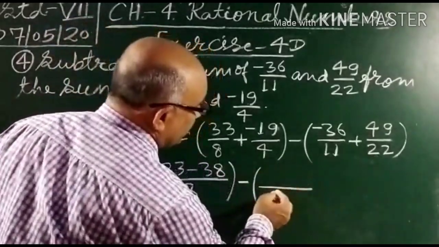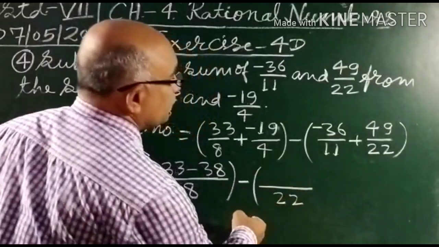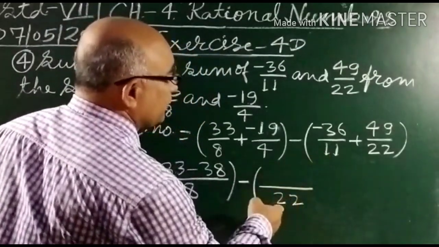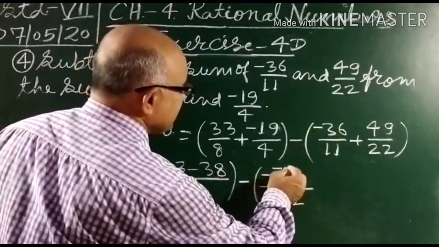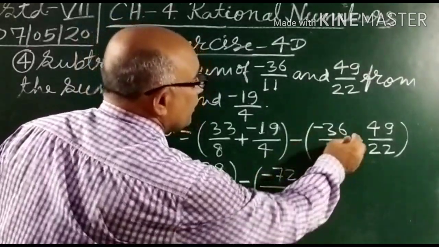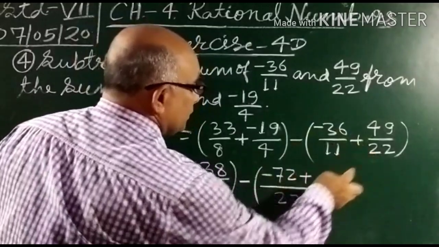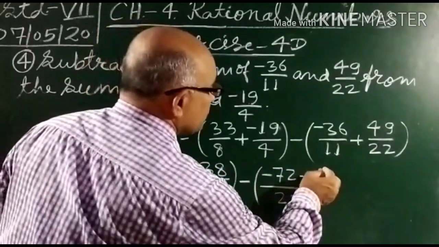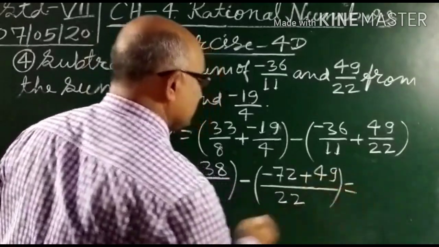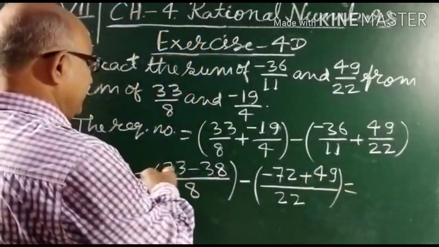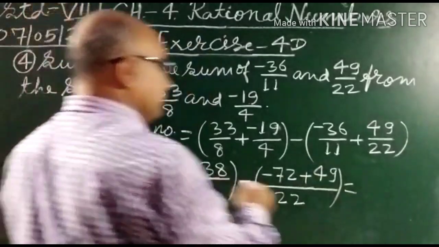LCM of 11 and 22 is 22. Now 11 twos are 22, minus 36 twos are minus 72, plus 22 ones are 22, so 49, equal to 33 minus 38.